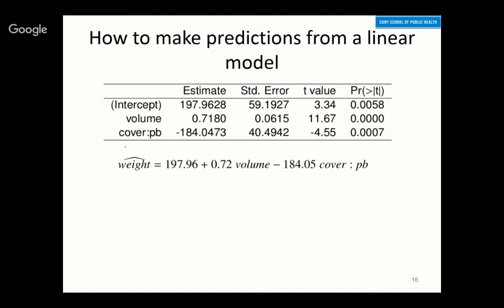Okay, just so you have this in writing, I made you do it all without writing any of it down first, but how do you make predictions from a multiple regression model? So the predicted weight with that hat over it is the intercept plus the slope times the volume, 0.72 times the volume, minus 184.05 times this dummy variable called cover colon PB.